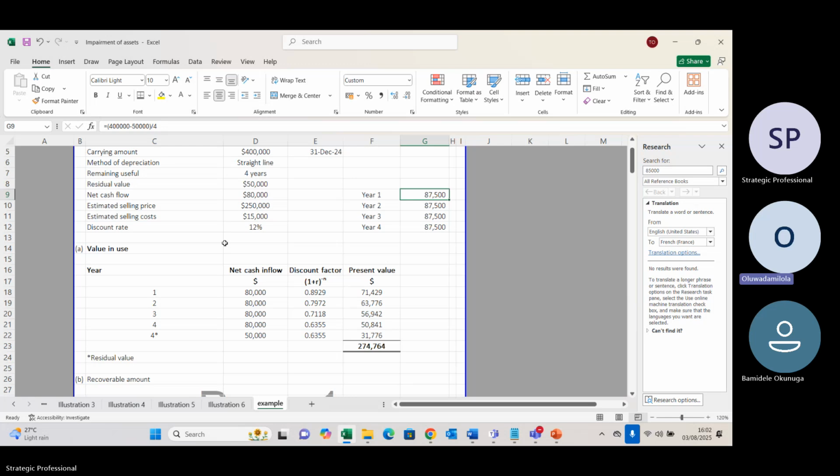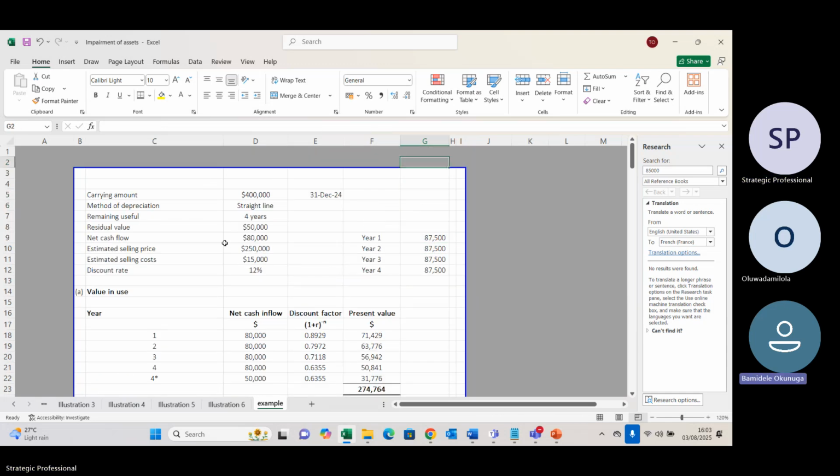I will agree with him as well. But do you understand how I got this 87,500? Yes, I did. But since they called it carrying amount, do we still go further to deduct the residual value from it, or just for information's sake? That's my only question on that aspect.